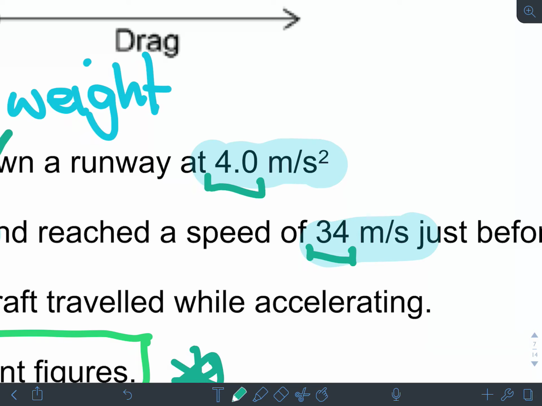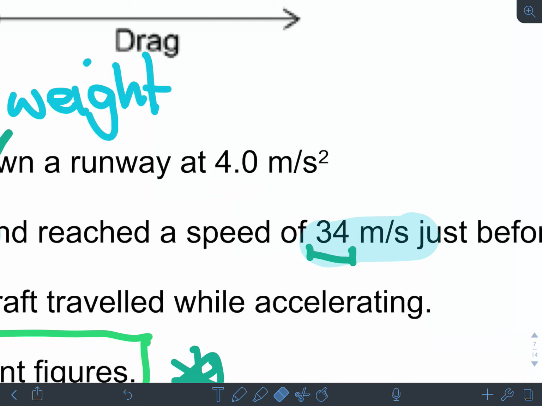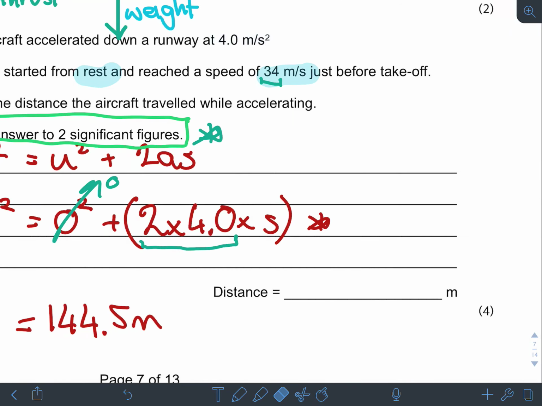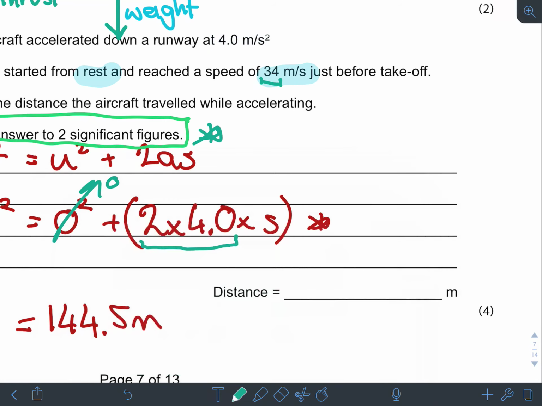That's 2 as well. I know the 4 is 2 because if it was only 1, they would have just said 4 meters per second squared, but they didn't. They said 4.0. So that tells me that the 0 is significant as well. Right. So I need to give my answer to 2 significant figures, which is 140.